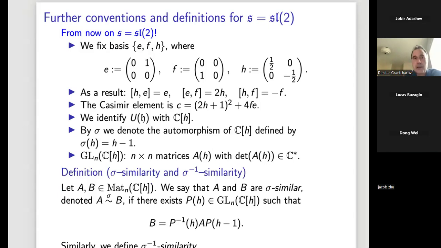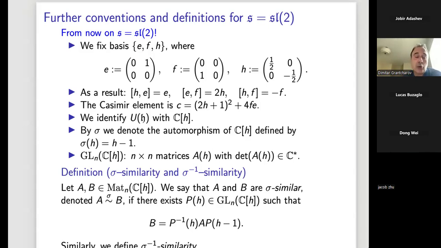And now again, I see that one part of the last sentence is not visible. I will mention it. The similarity of matrices plays a crucial role in linear algebra, right? We for example want to study n by n matrices with complex numbers.